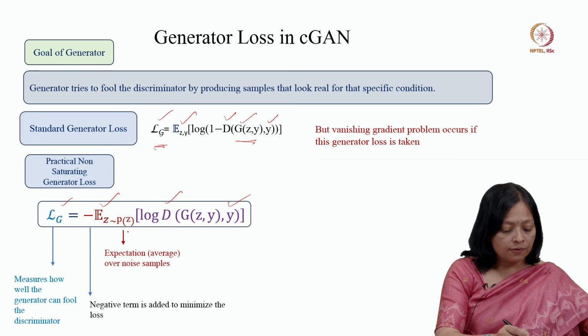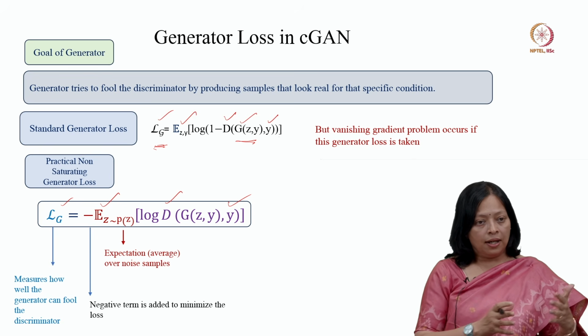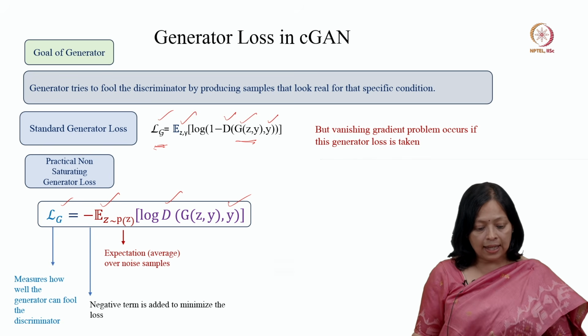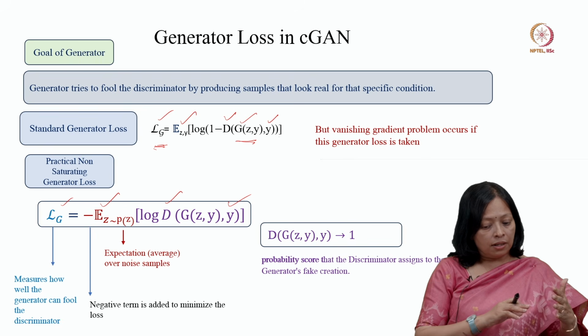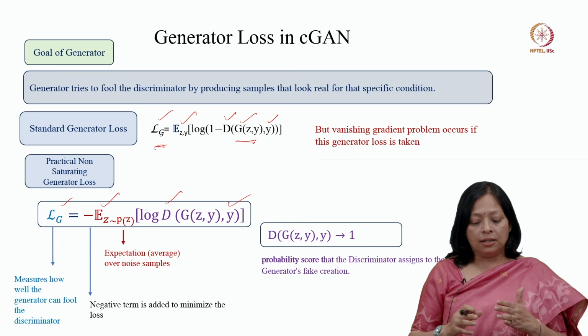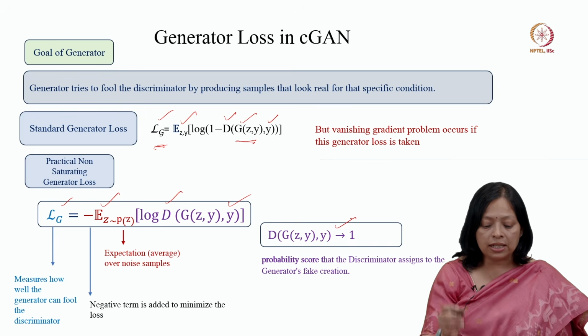This expectation value is over all the noise samples. The negative term, as I have told before also, is added to minimize the loss. The probability score that the discriminator assigns to the generator's fake image, the generator wants it to be tending to 1.